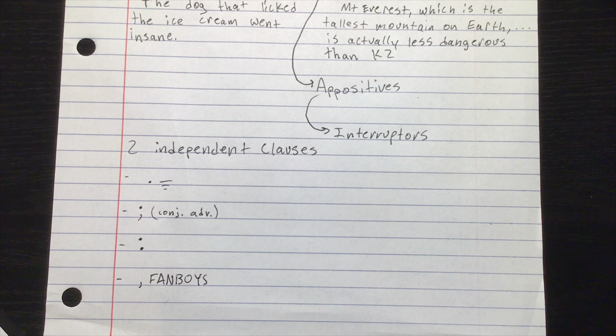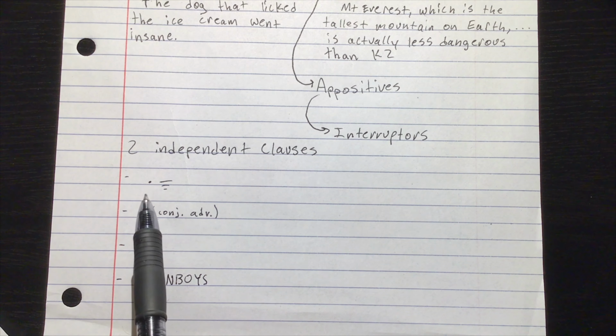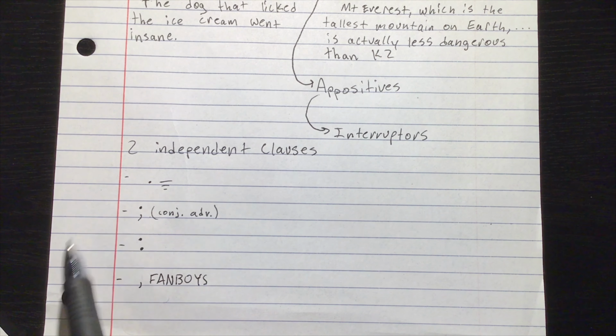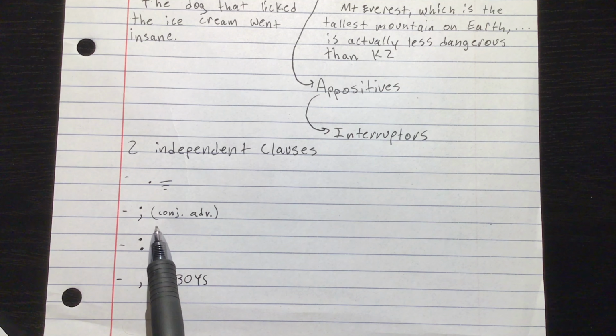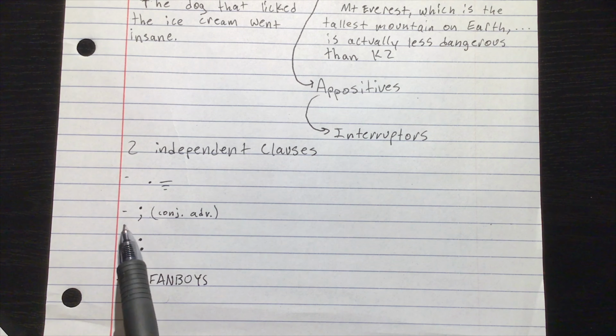So if you have a sentence with two independent clauses, two things that could stand on their own as sentences, you can separate them in one of 4 ways. You can just add a period after the first one and capitalize the second one. You can add a semicolon, and sometimes you see a conjunctive adverb after the semicolon.